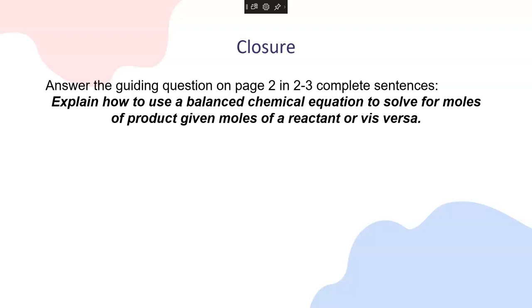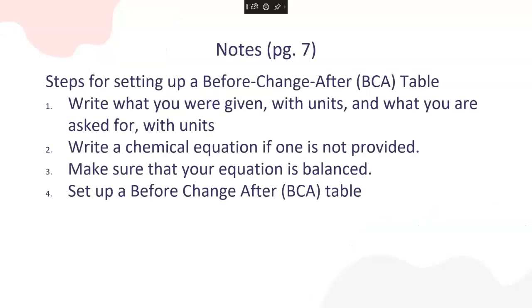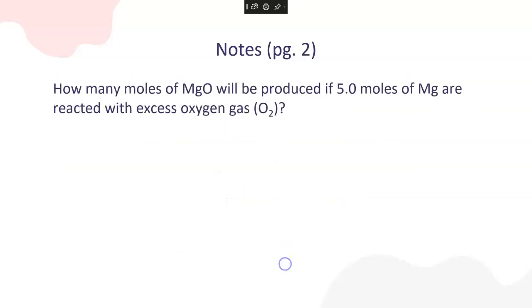turn to page 7. Okay, so we're going to look at not just how we use dimensional analysis for mole conversions using a balanced chemical equation, but also a BCA, or before change after table. These are a series of steps that you can reference as you're practicing, but I am going to give you examples as well. So, we have 2 math examples.